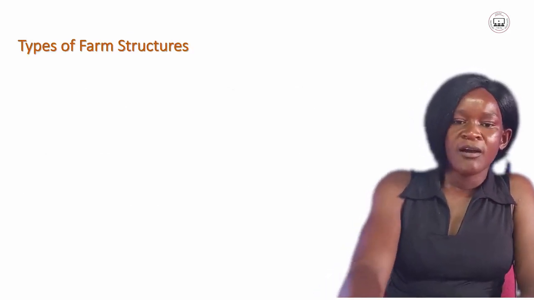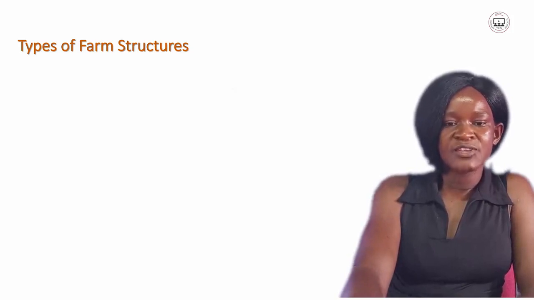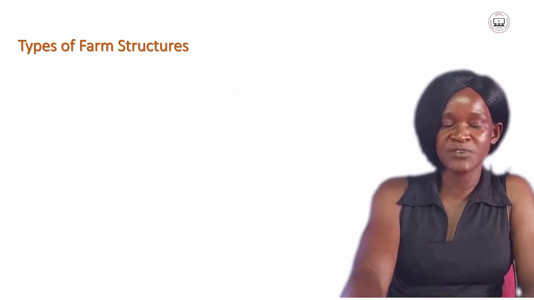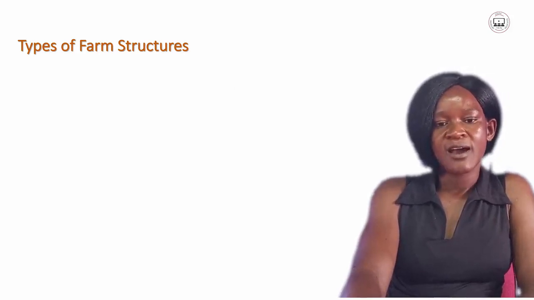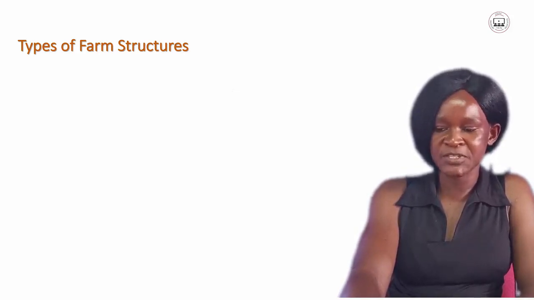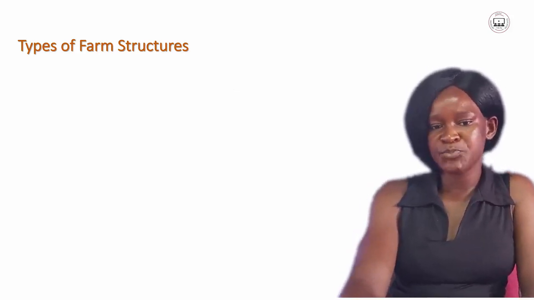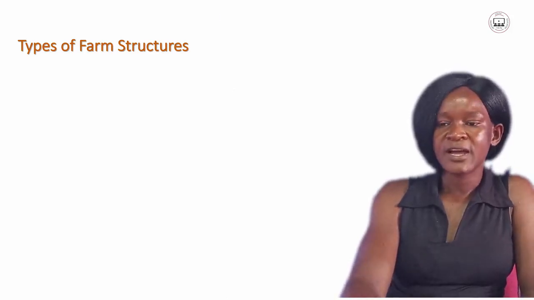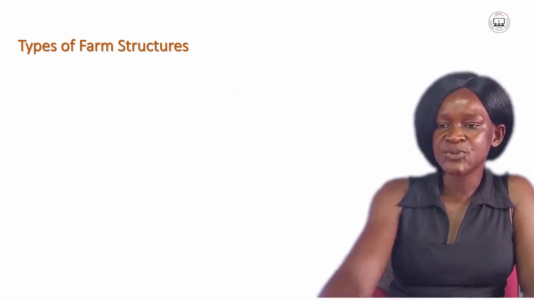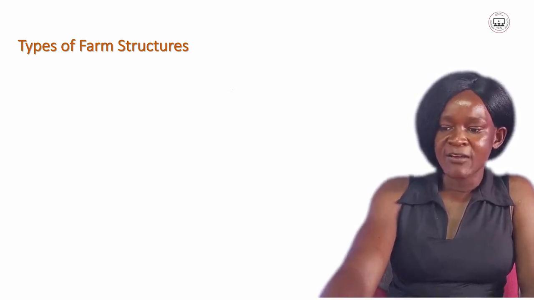Now, when we were defining agricultural technology, there was the other part mentioned as farm structures. So farm structures are also under agricultural technology, and we want to dig deeper into them. We are going to look at the types of farm structures.